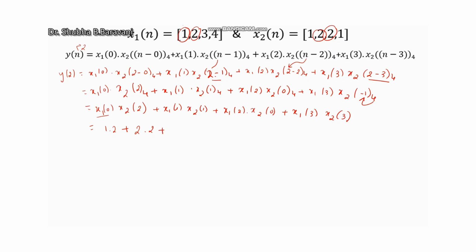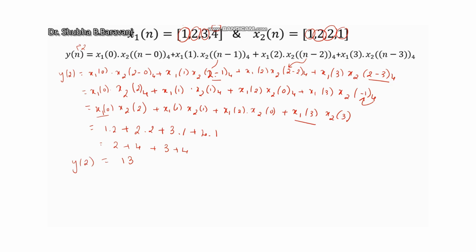Plus x1 of 2 is 3 into x2 of 0 stays to be 1, plus substitute for x1 of 3, which is 4, into x2 of 3, which is 1. Okay, so this becomes 2 plus 4 plus 3 plus 4. So this is 8, 9, 8 plus 3, 11, 12, 13. Okay, so y of 2 works out to be 13.